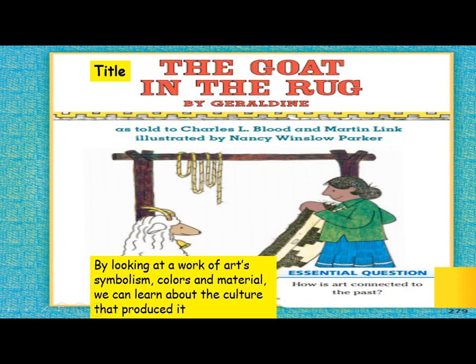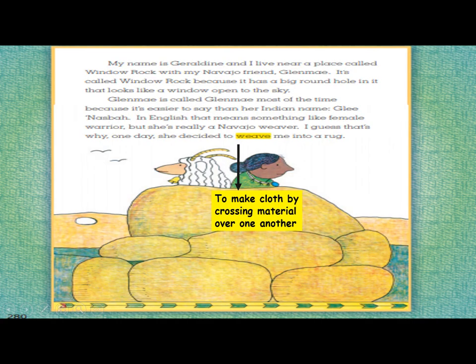Now let's get into it. This was page 279, and right now we will move to page 280. So again, this is the first paragraph, the beginning of the story. We will meet the characters and the setting. "My name is Geraldine, and I live near a place called Window Rock."